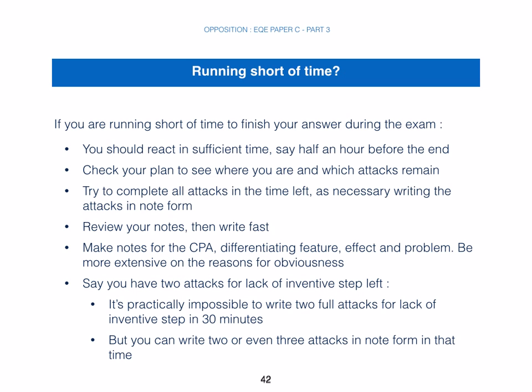For each attack, the part on the closest prior art, differentiating feature, the effect and the problem can easily be written in note form. You don't have to write long, fancy sentences for those things. However, for the reasons for obviousness, you should be more extensive in your argument.